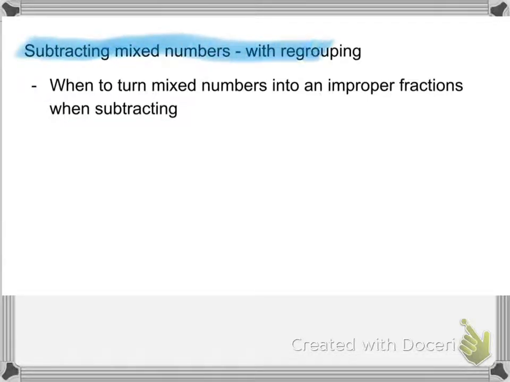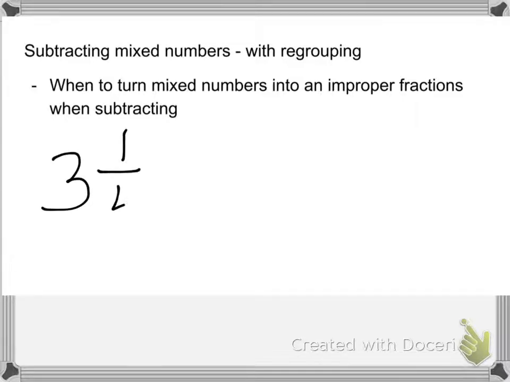Subtracting mixed numbers with regrouping: when to turn mixed numbers into an improper fraction when subtracting. We've done this in the past, but I'll give you an example here. Let's say my mixed number is 3 1/4, and we are subtracting 1 3/4.